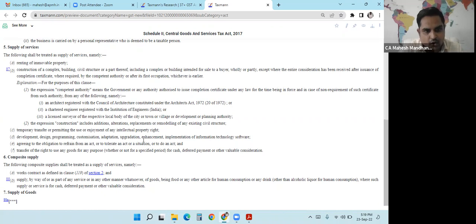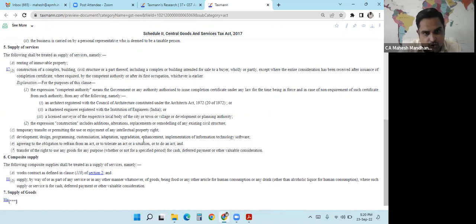Supply by way of or as a part of any service or in any other manner whatsoever, supply of what? Of goods. Which goods? Being food or any other article for human consumption or any drink, where such supply is made for any consideration. It tells that whenever there is a supply of any food or any drinks by way of a service, then it will be liable to tax as a supply of service.